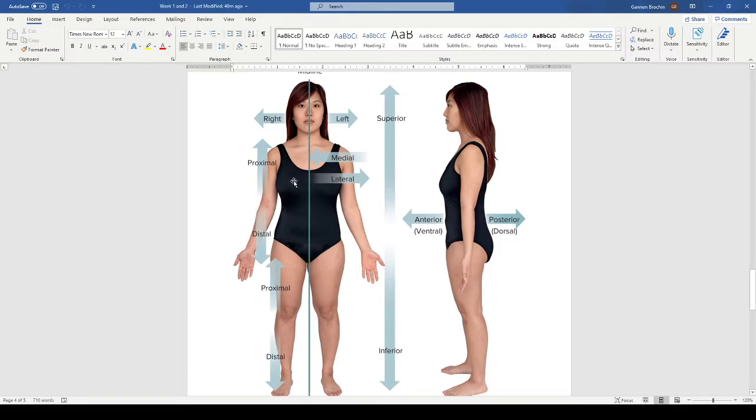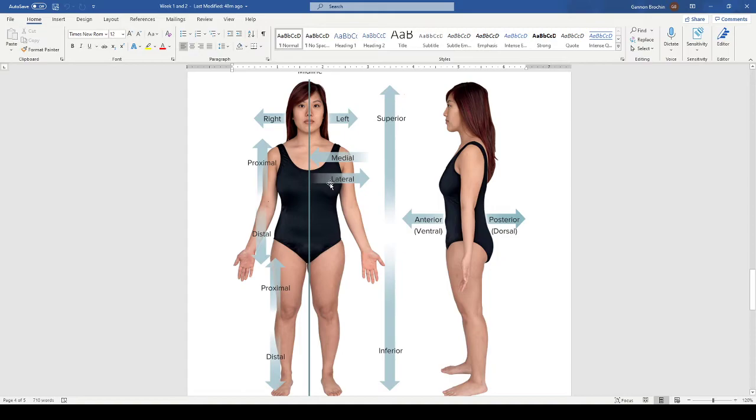If we're looking at this picture here, the leg is closer to the midline than the arm. Typically, though, you wouldn't use medial and lateral to describe anything on opposite sides of the body, but sometimes we have organs that cross the midline, so you could be comparing different parts of organs based on where they are in reference to the midline.